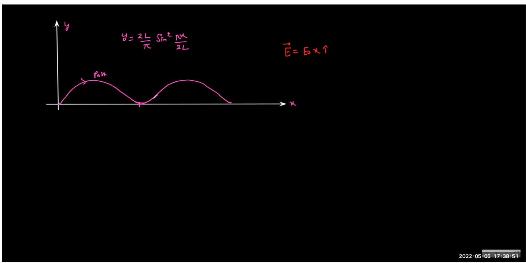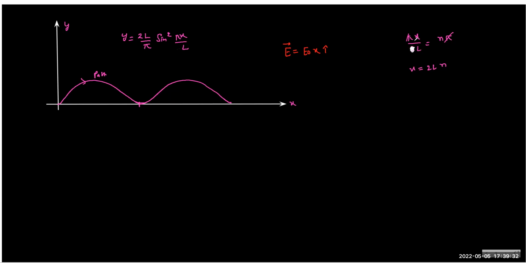So y will be 0 when the sine angle is n pi, correct?